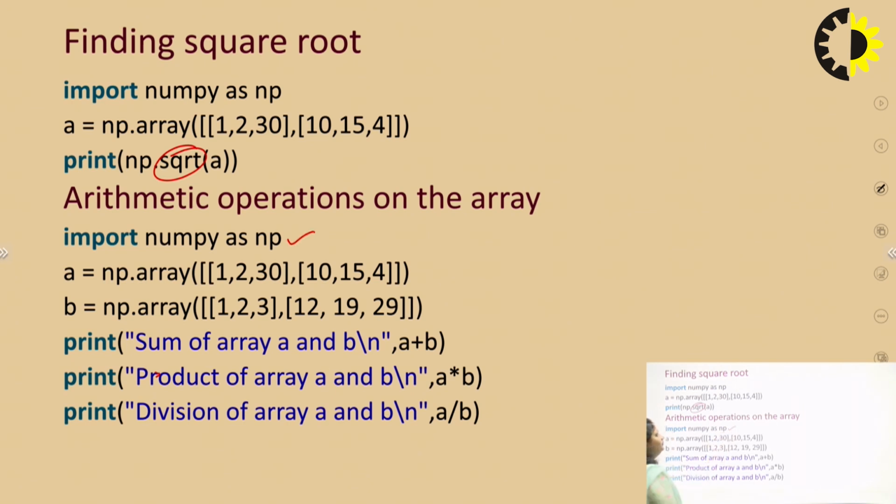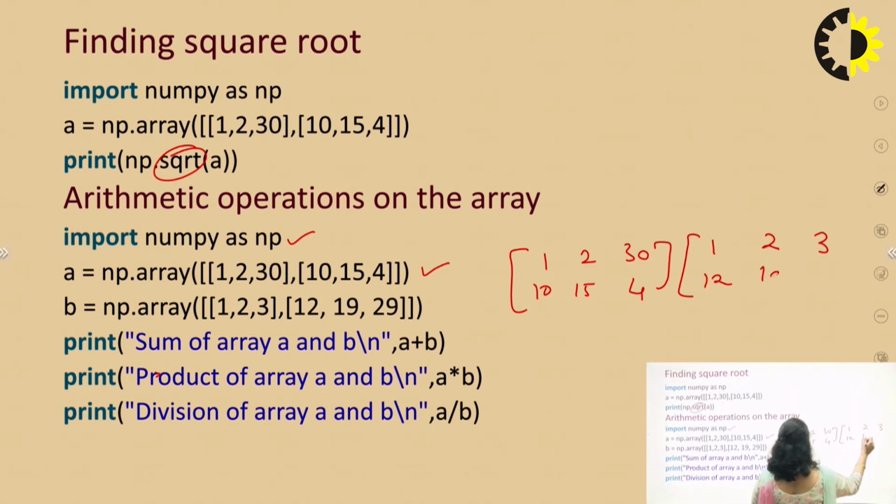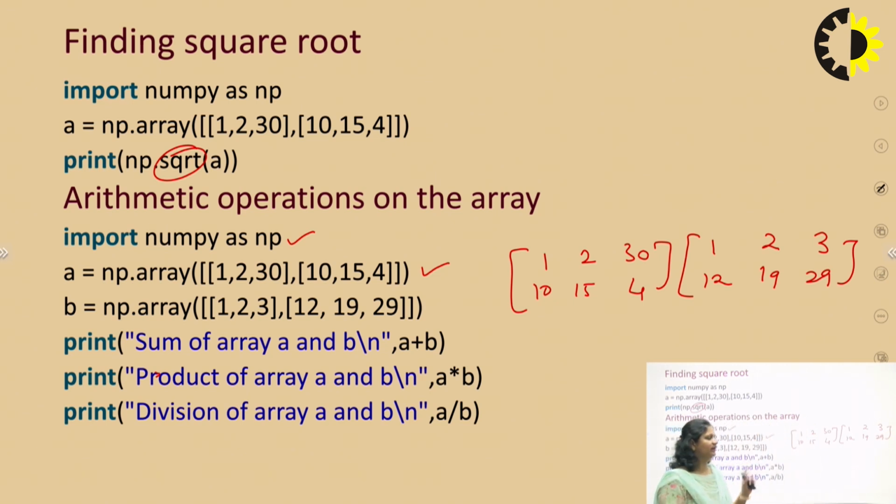So first we import numpy as np. Then in the second step, we create an n-dimensional object, 1, 2, 30, 10, 15, 4. Then in the third step, we create another matrix with elements 1, 2, 3, 12, 19, 29. And we perform the arithmetic operation on both matrices. First, we calculate the sum of the array elements.